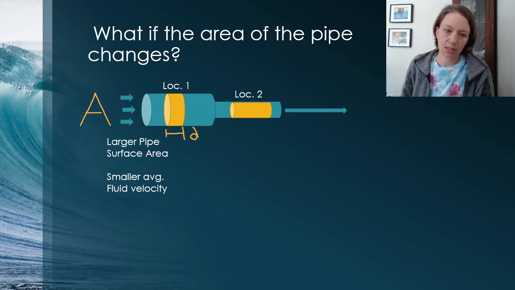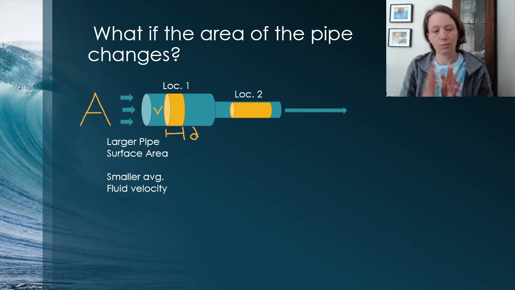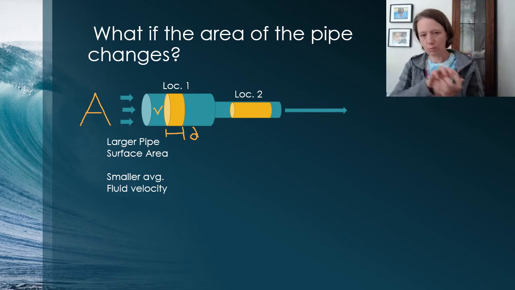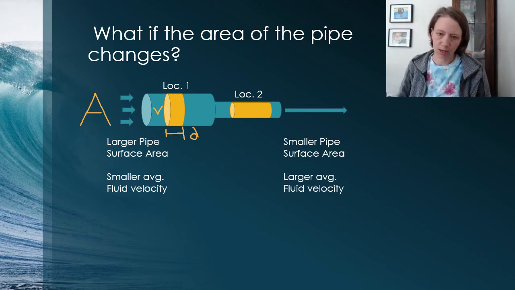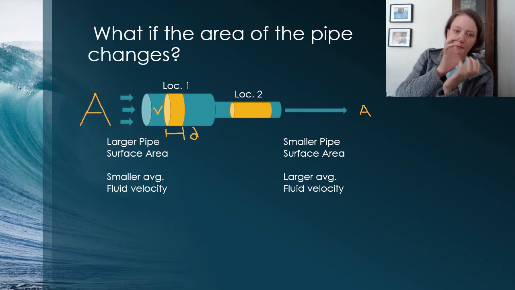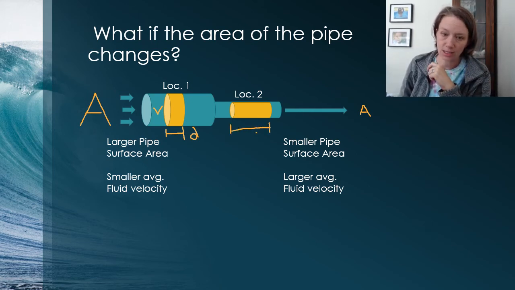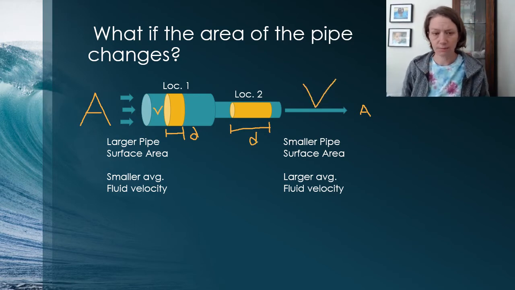And that means that the velocity of the fluid in that really big area is going to be very slow. When that piece of fluid moves into the other location of the pipe, where we have a much smaller surface area, that little chunk of fluid has to get squished and stretched, and in order to do that, it's got to cover a much bigger distance every second, and that translates into a much higher velocity of the fluid.